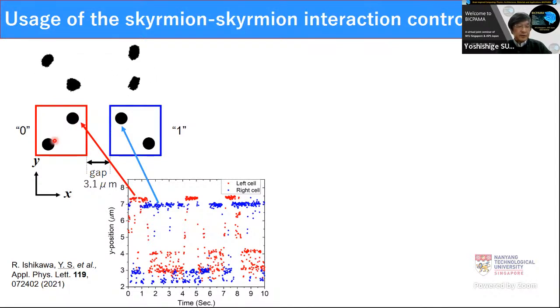This positioning corresponds to 0 and 1. Then, because of the interaction between the boxes, the Skyrmions in the different boxes correlate with each other. There is correlation between two boxes. This is a kind of information transfer, and we can use this mechanism for the information feedback also.